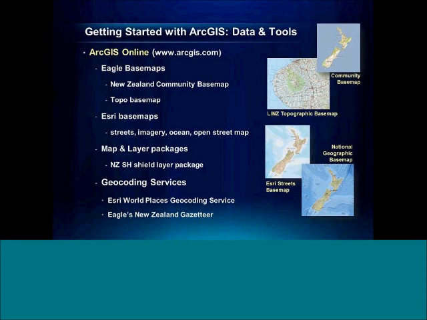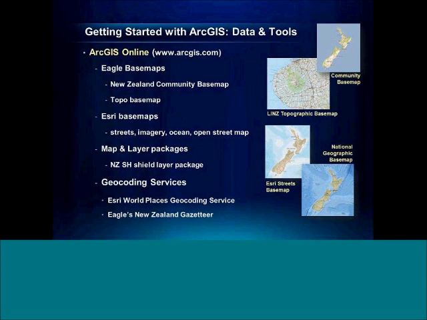And for anyone who's not familiar with ArcGIS Online, it's a cloud-based collaborative content management system which allows you to work with geographic information, allows you to store geographic information and also share geographic information between different users. So we've put up a couple different base maps.